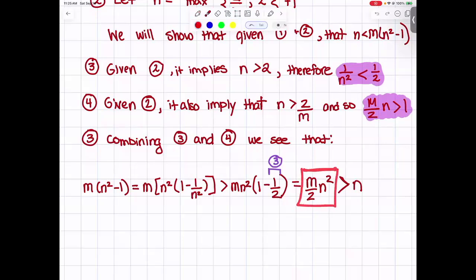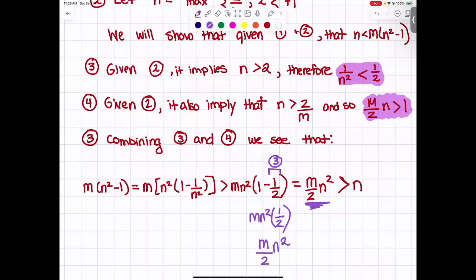In order to get to this value here, all I did was take this over here, and we can say m over 2 times n squared. So that's how we managed to get to this value, just using arithmetic.